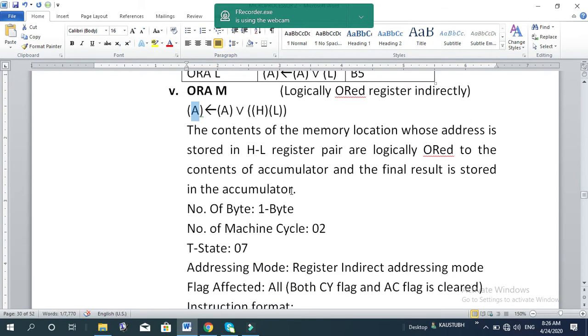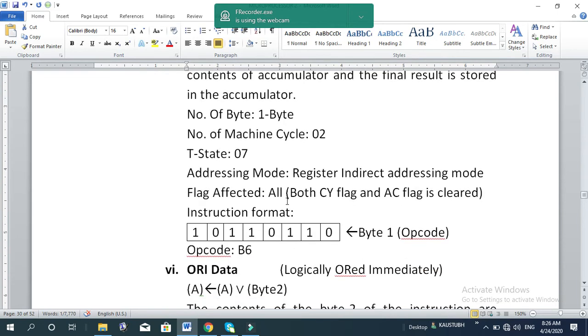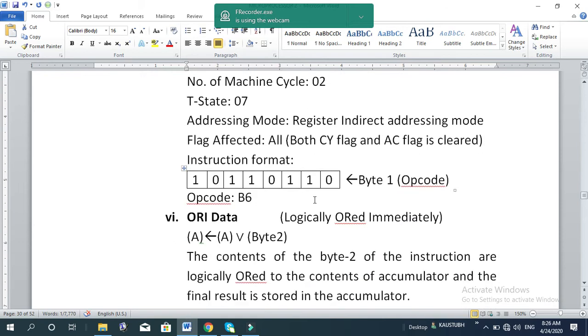As with ORA R, here also: number of bytes 1, machine cycles 2, T states 7, addressing mode register indirect, all flags affected. Since it is an OR instruction, both the auxiliary carry and the carry flags are cleared to 0, and the instruction format here is 1011 0110, which is B6 hex, the opcode.